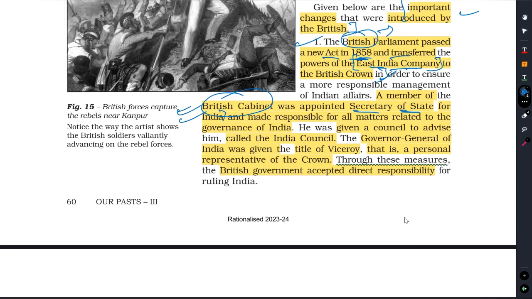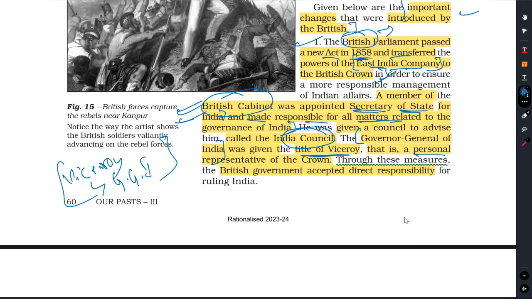This British Cabinet member was appointed as the Secretary of State for India, and was made responsible for all matters related to the governance of India. He was given a council of members to advise him. That council was called the Indian Council. Viceroy was the name given to the Governor General of India.